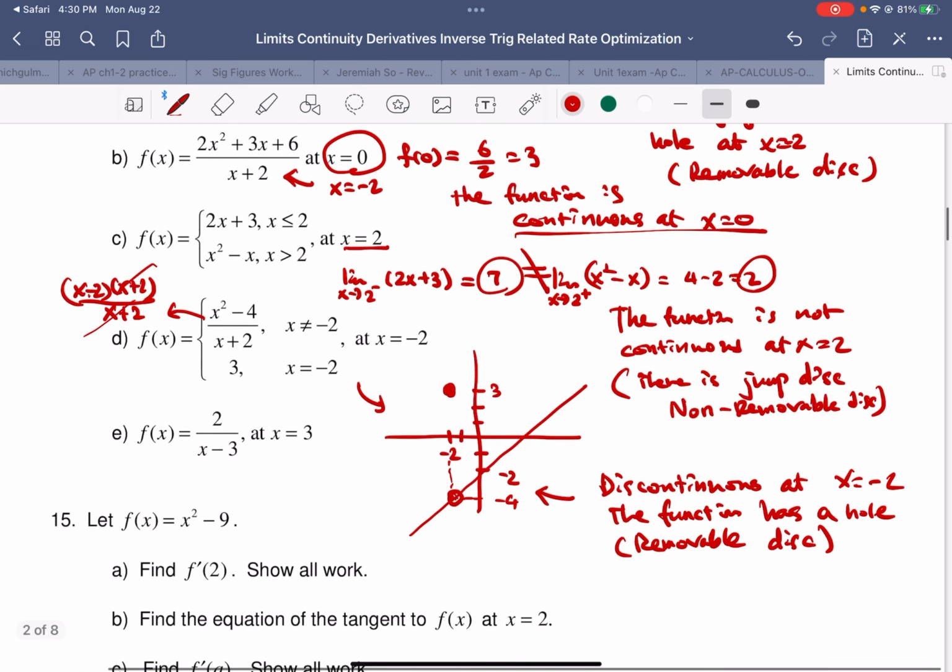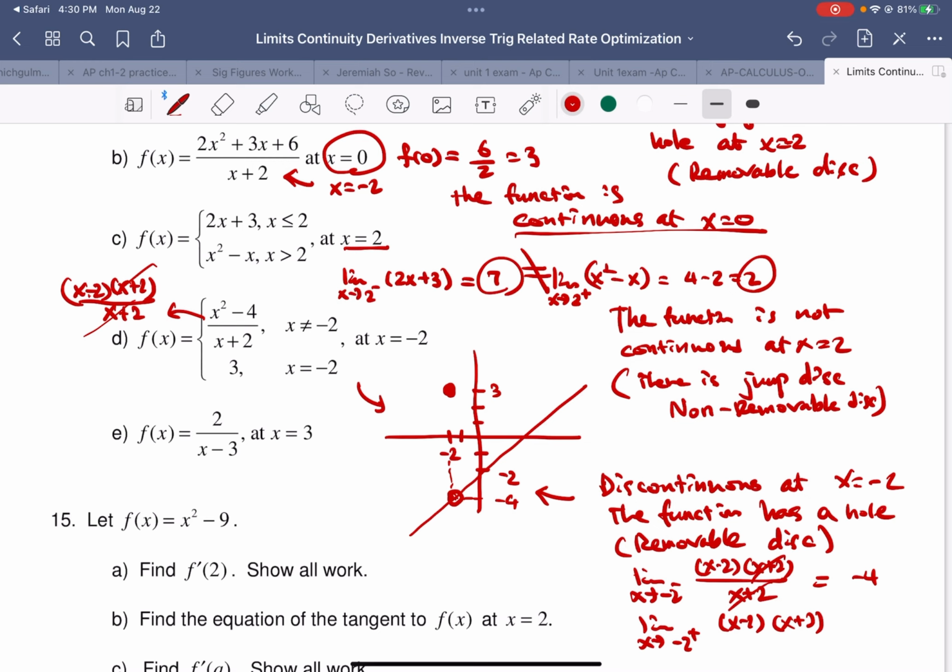Okay, and then to prove it's a hole, take the limit as x approaches negative 2 from the negative side. Then you have (x minus 2)(x plus 2) over x plus 2. After you cancel, you plug in negative 2 and get negative 4. Also take the limit as x approaches negative 2 from the positive side.